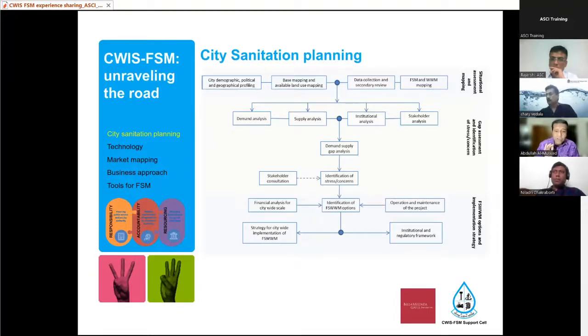Later on, the institutional and regulatory framework, which was developed in 2017, clearly demarcated the roles and responsibilities, and according to the present act and the institutional and regulatory framework, the responsibilities for both fecal sludge and solid waste go to the municipal authorities. So it actually gave us a good yield at that time also.